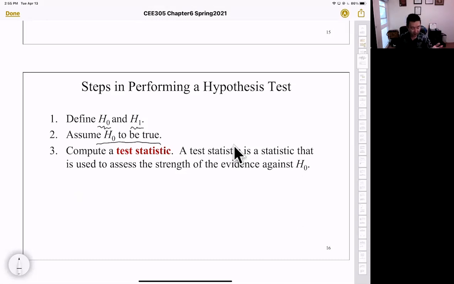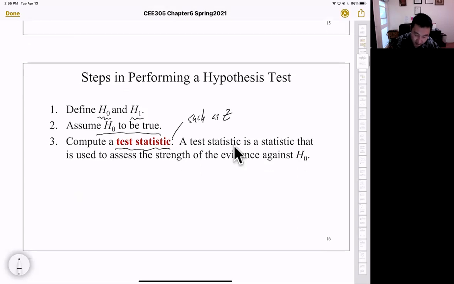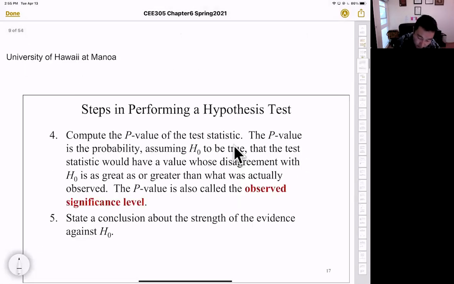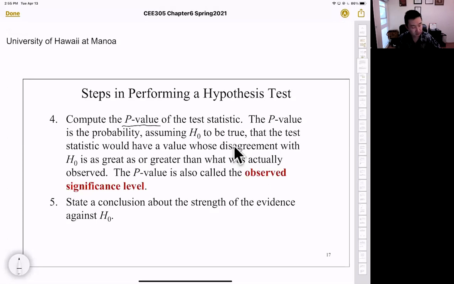The third step is we calculate a test statistic, such as the z value. The test statistic is used to assess the strength of evidence against H0. Based on the test statistic, we calculate the p-value, which is step number 4.